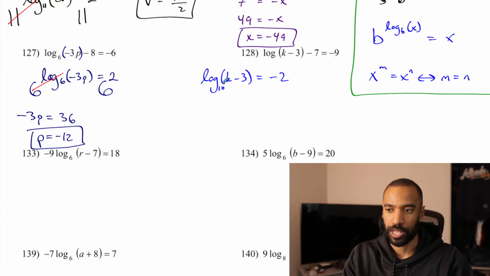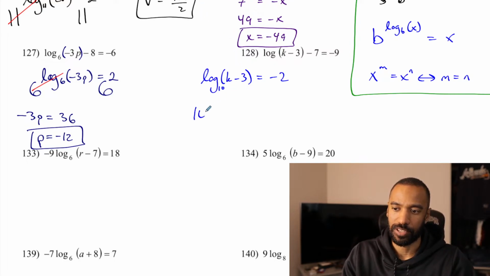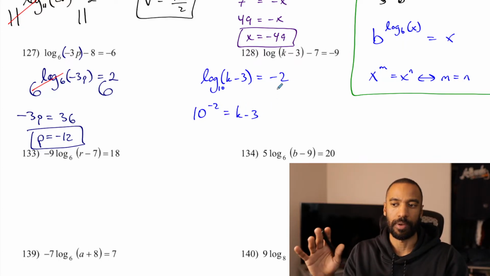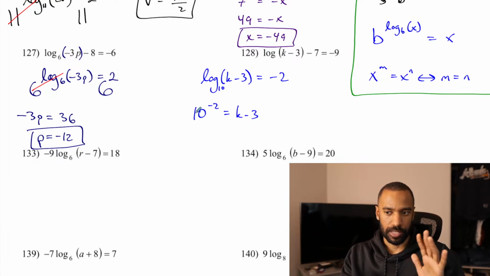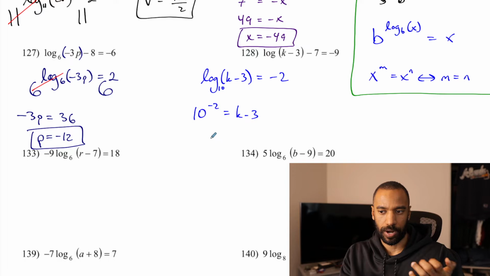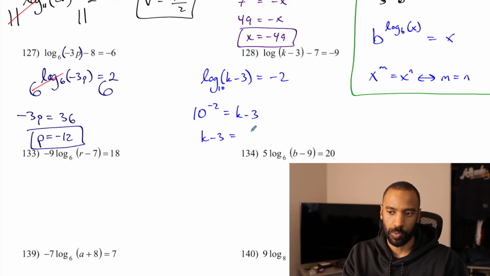If you can't see the base, then it's log base 10. So it's 10 to the negative second power equals k minus 3. The second thing to note is that 10 to the negative second power is 1 over 10 squared, which is 1 over 100. K minus 3 is 1 over 100.